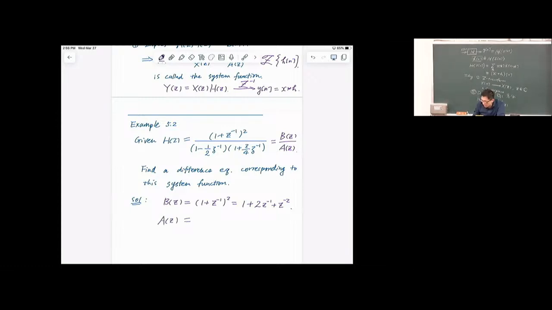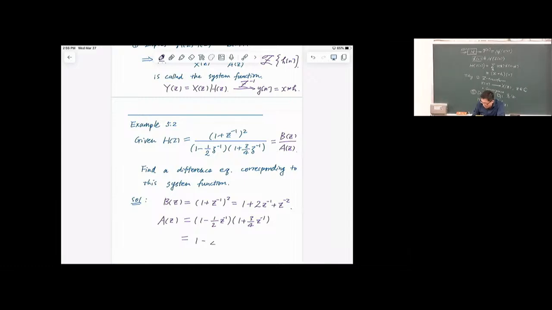A of Z is 1 plus 1/2 Z inverse times 1 plus 3/4 Z inverse, which equals, it's pretty simple, just need to be careful, you can work it out.